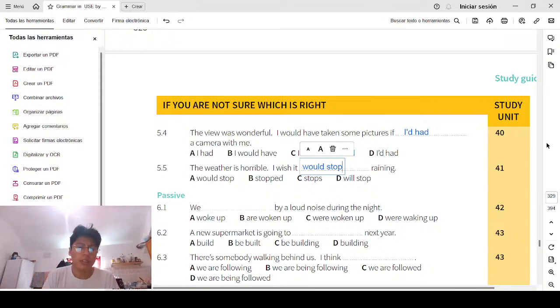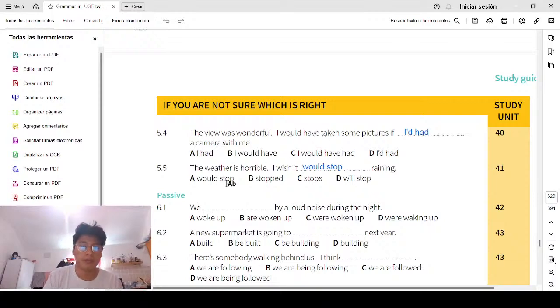Remember, would is for imaginary or hypothetical situations. You can't change the weather, but you wish. So, I wish it would stop raining.